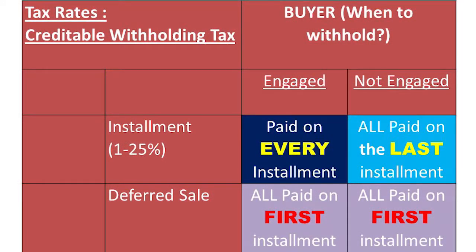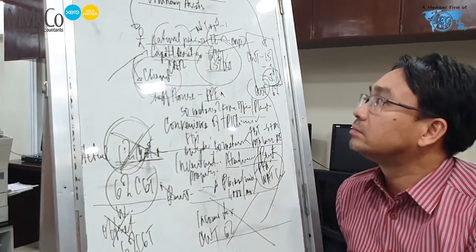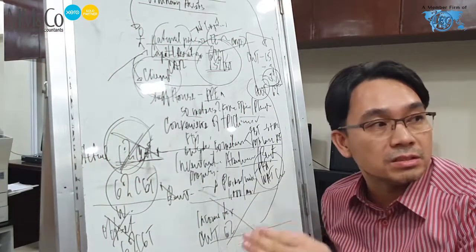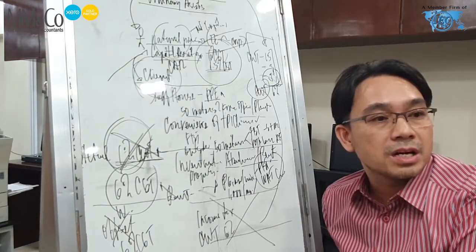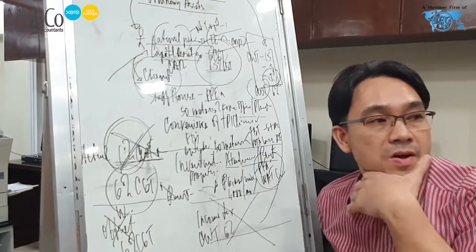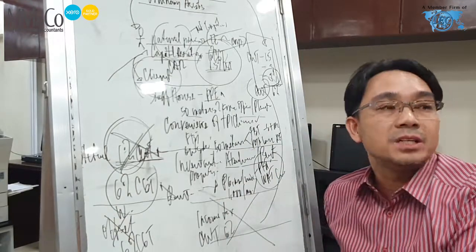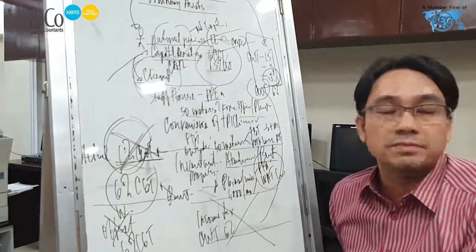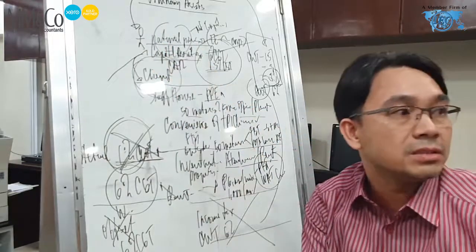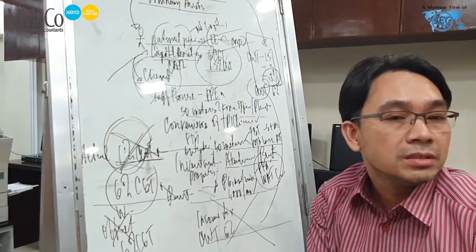So the timing depends. If engaged, the withholding is on demand. But if not engaged, the withholding is on the last payment. For deferred, the withholding is on the first installment or down payment. Okay?